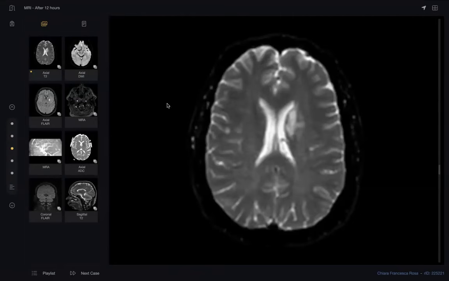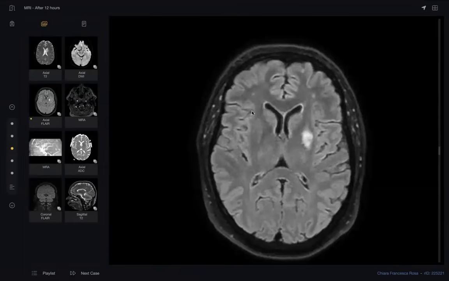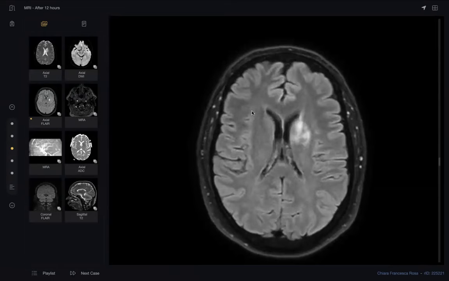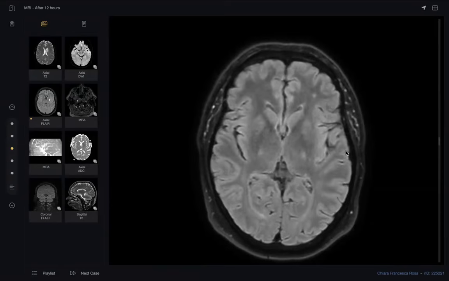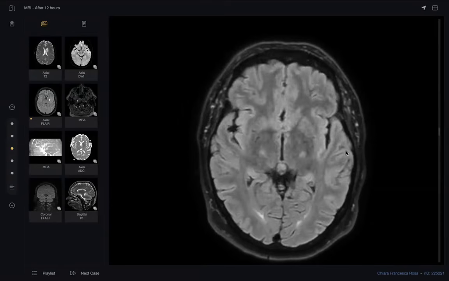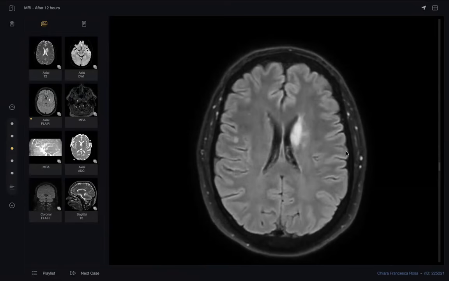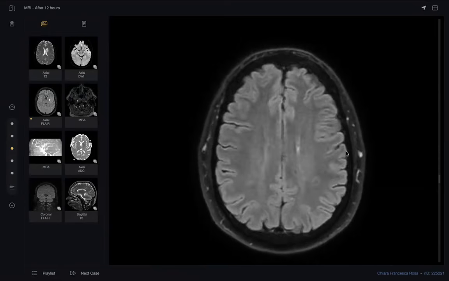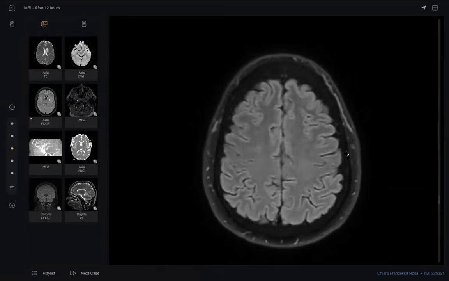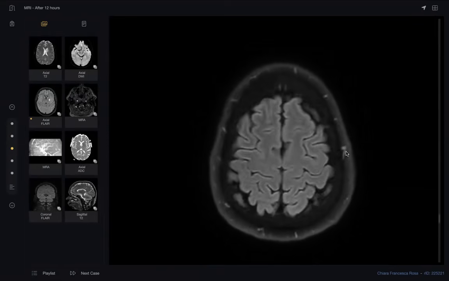Okay, so these are the FLAIR images of MRI brain, which are showing FLAIR hyperintense signal, which is present in the left parasylvian region. And also I can see there are some other hyperintense foci which are present on either side.